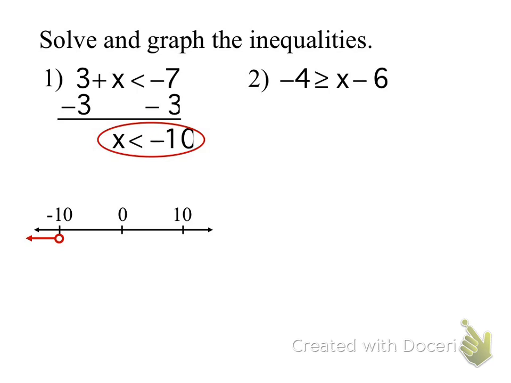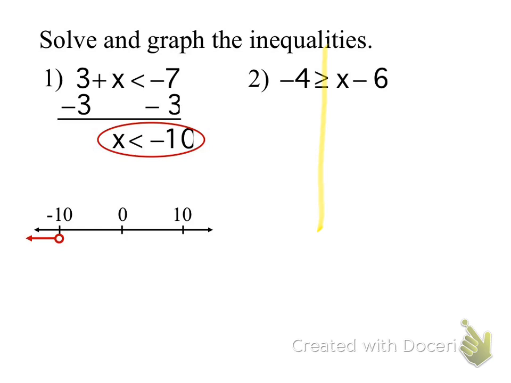On number 2, Julia, what do I need to do to isolate my variable? You need to add 4 to both sides. Okay, let's just go one more time. I need to isolate the x on that side of the inequality. So why am I moving the 6?